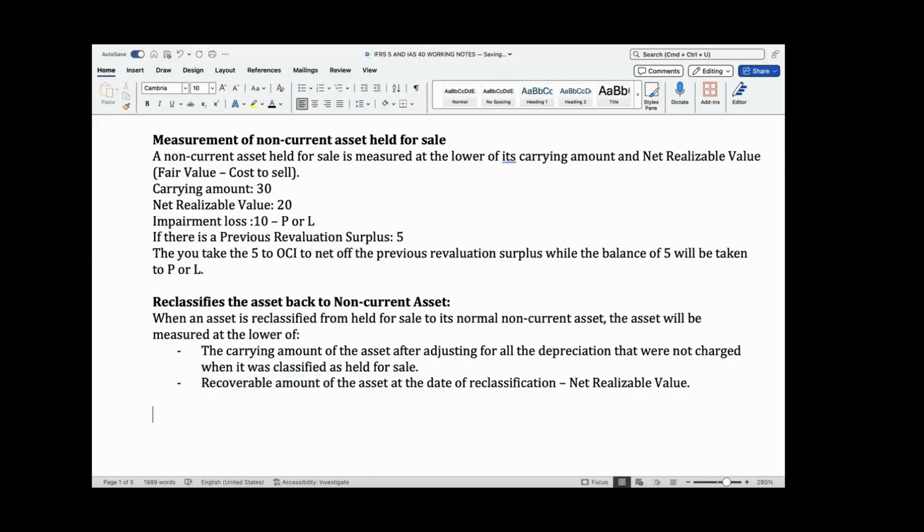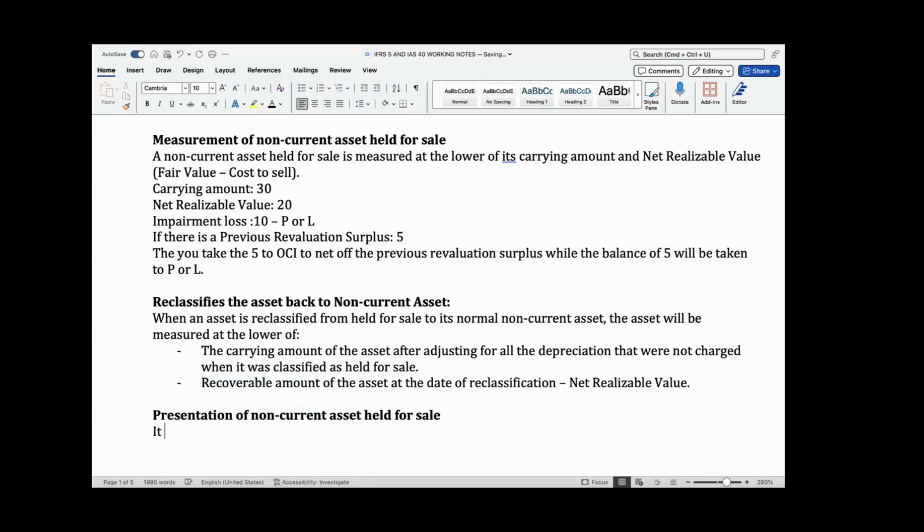You're welcome. Now, the final thing here is the presentation of non-current assets held for sale. So when an asset is held for sale, how do you present it in the statement of financial position?